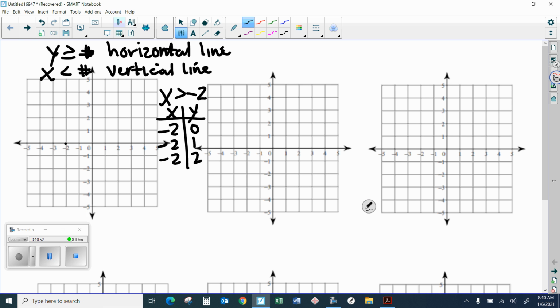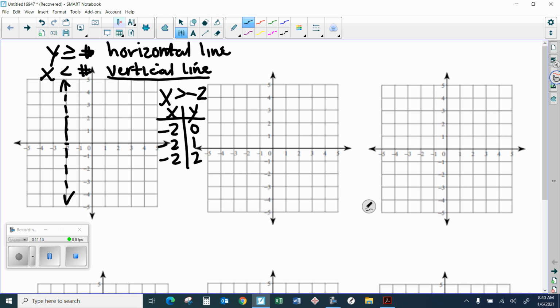So (-2, 0), (-2, 1), and (-2, 2). I know it's dashed because there's no equal sign. So now I already know it's a vertical line right there, so I don't have to memorize that. I can just plot that down just like that if I needed to.